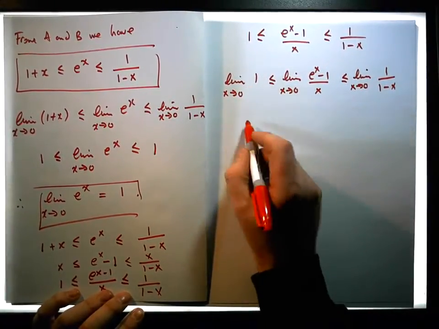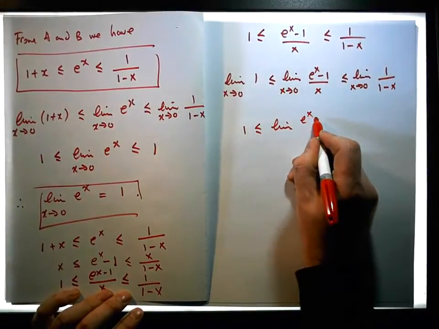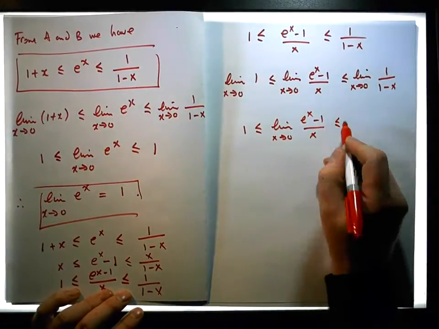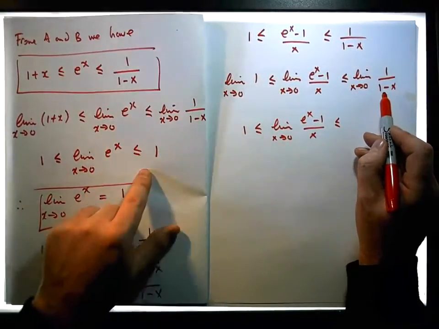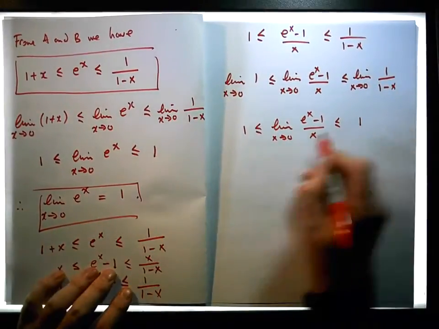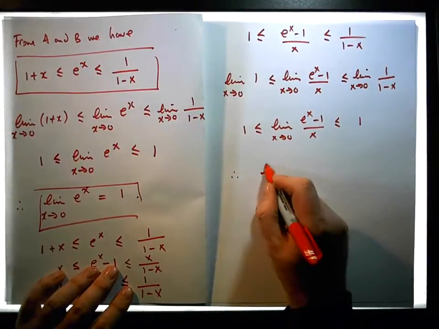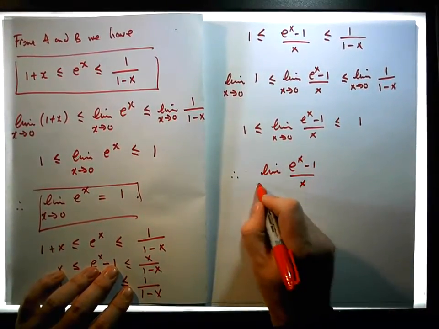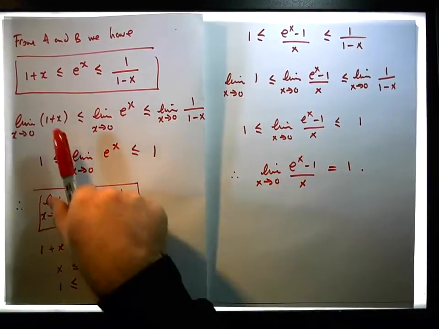So this becomes 1 must be less than or equal to the limit of e to the x minus 1 over x as x tends to 0, which must be less than or equal to, and as x tends to 0 here, like what we had a moment ago, this is just tending to 1. So once again, we have the sandwich term at play here. Therefore, the limit of e to the x minus 1 over x as x tends to 0 is equal to 1, which is exactly what we required.